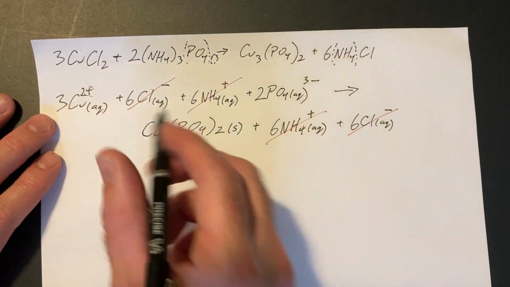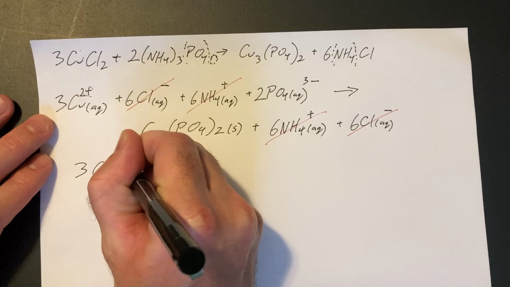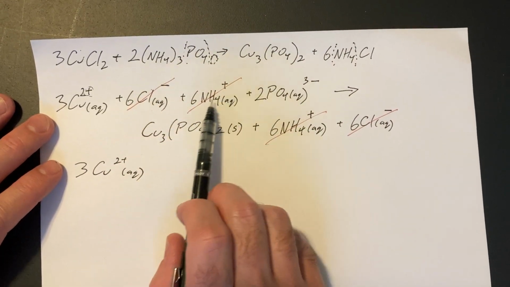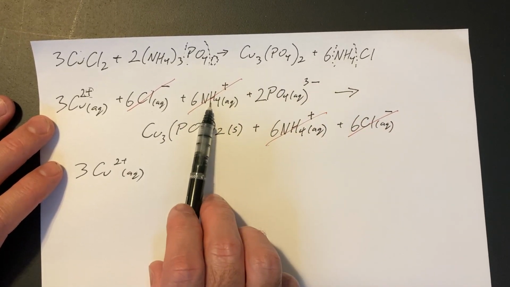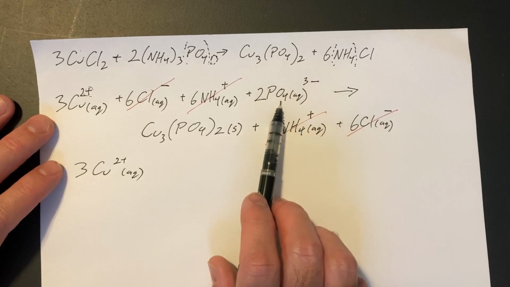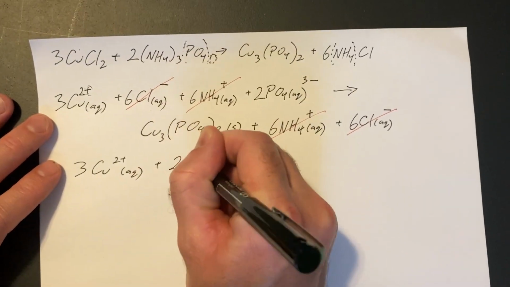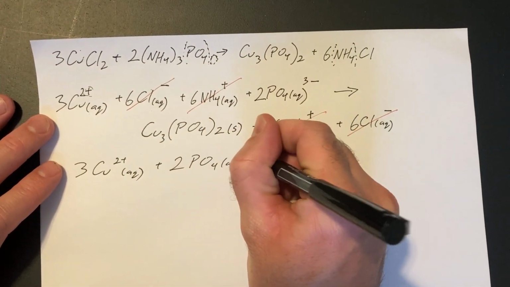So I'm just going to recopy 3Cu, 2 plus. Don't forget your AQ. I'm skipping this one because I crossed it out because it was identical in the products. I'm skipping this one because it was identical in the products. I got to write this one though because it changed. 2PO4 AQ 3 minus.